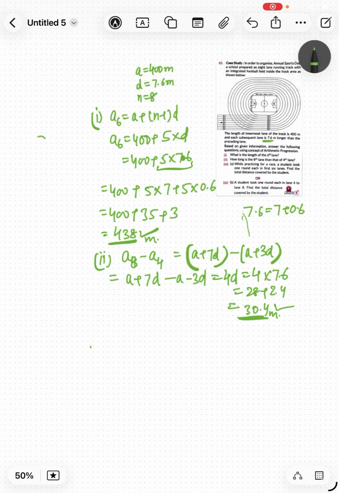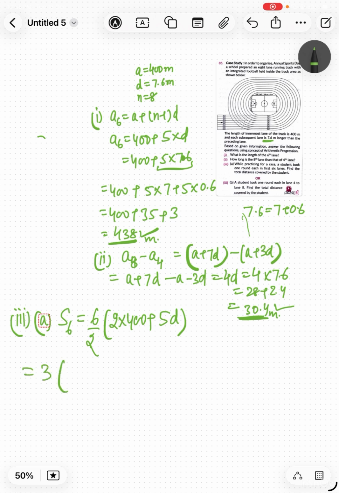So in the third question, first part, what is asked? While practicing for a race, a student took 1 round each in the first 6 lanes. Find the total distance covered by the student. So S6 is asked here. S6 is 6 by 2, 2A, 400 plus n minus 1, 5D.